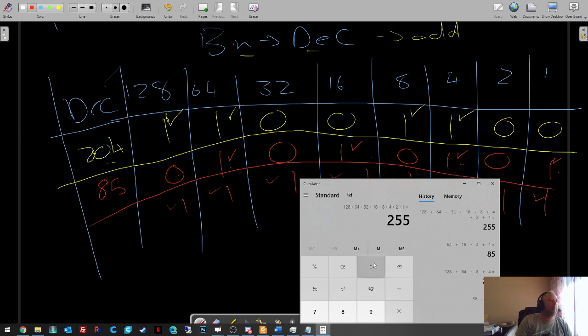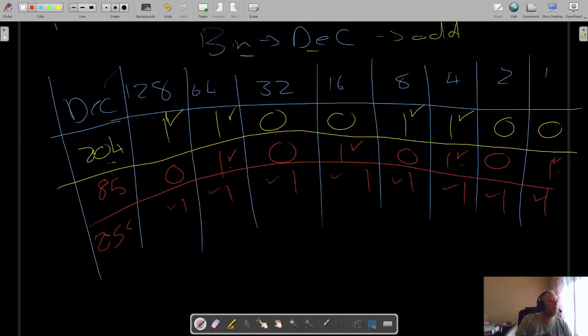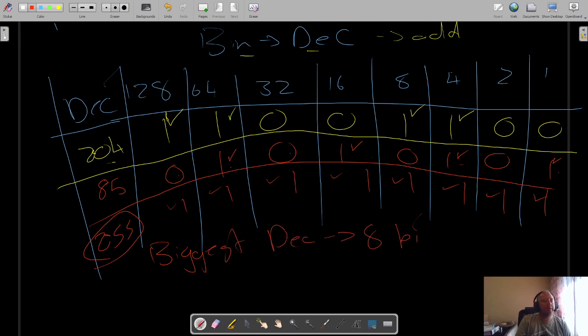And we end up with a number of 255. So as you guys can see, the biggest decimal number I can get out of 8 bits is 255.